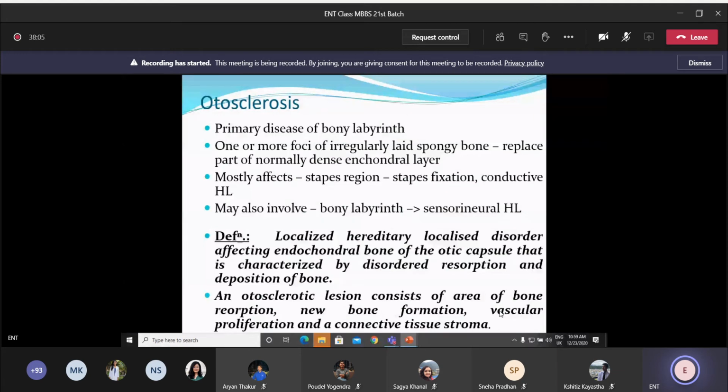And the otosclerotic lesion consists of an area of bone reabsorption, new bone formation, vascular proliferation, and a connective tissue stroma. So this is the definition, and there is a definition in your book too, but this definition is taken from Scott Brown.